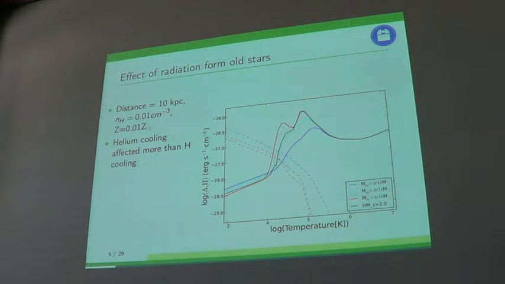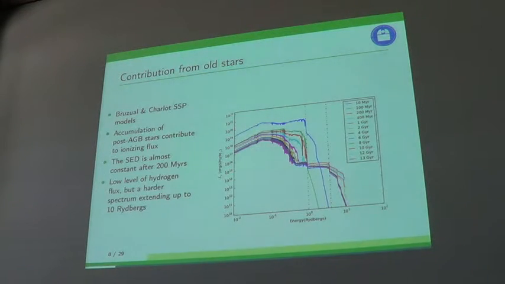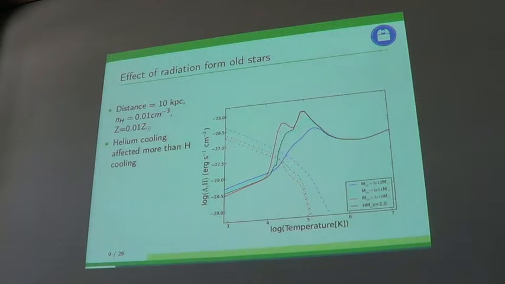The point here is that since all stars produce this flux, the luminosity scales with the mass of the whole stellar population.